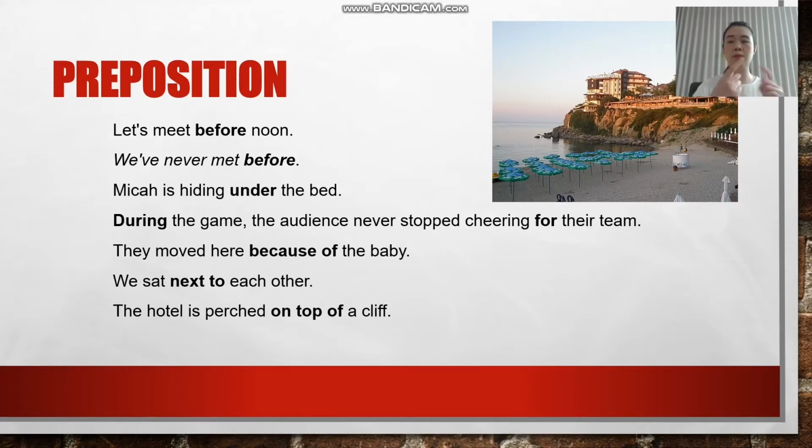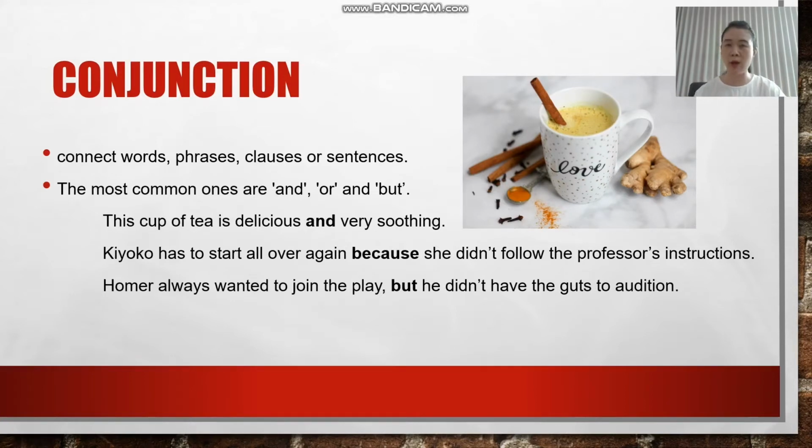But all of them, like before noon, under the bed, during the game, for their team, because of the baby, next to each other, on top of a cliff, all of them need a noun, okay? But some have a pronoun, and that's acceptable because after the preposition, what we need is a noun or pronoun. Perfect.